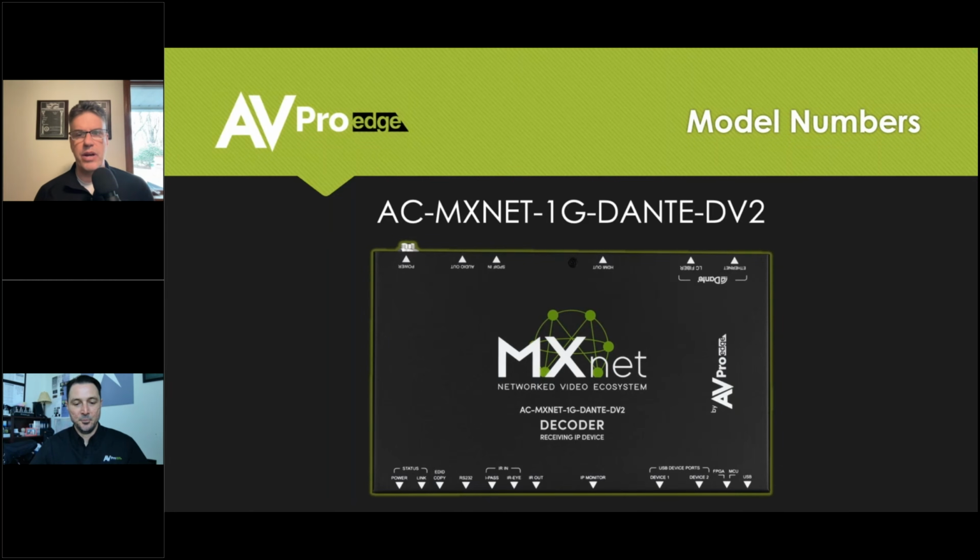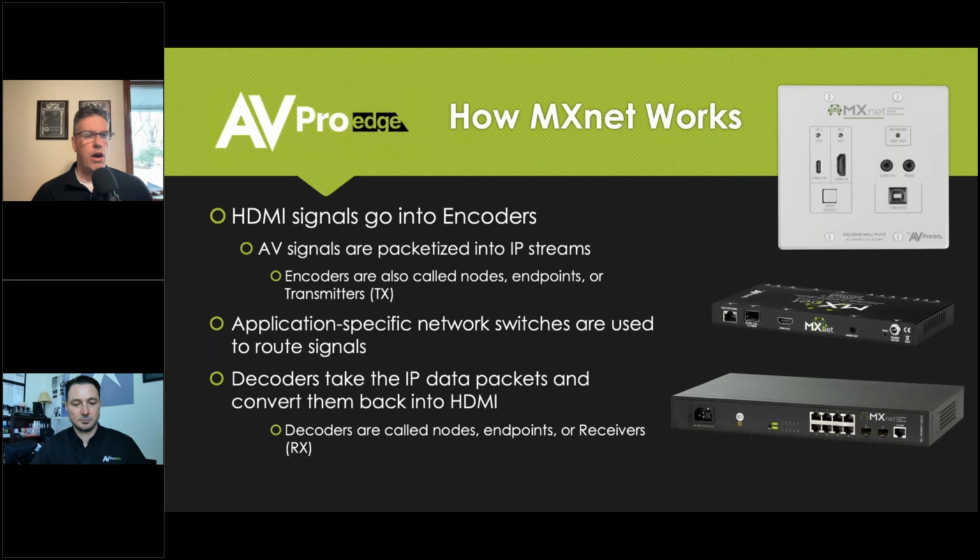Now, I mentioned these are part of the MXnet ecosystems, and let's talk about that. So all of our MXnet ecosystems are AV over IP. We have a 1G ecosystem. We have a 10G ecosystem, which doesn't use any compression at all for 90% of the signals that go into it. And then we have our Evolution 2, which is also a 1G.